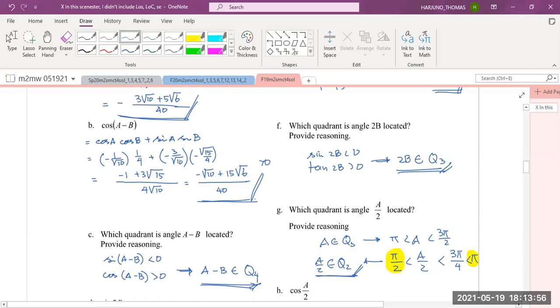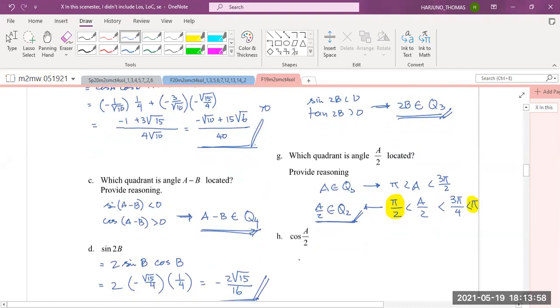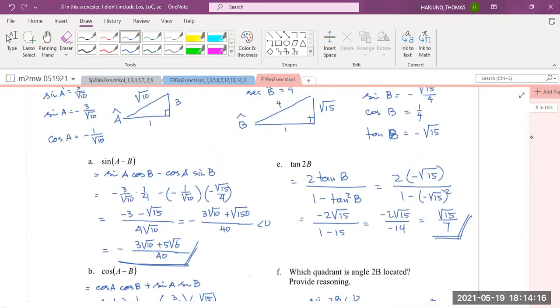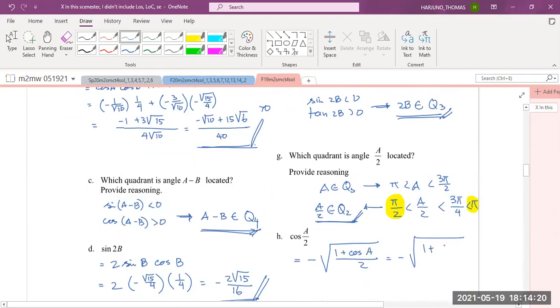Now, how about cosine of A over 2? Because A over 2 is in quadrant 2, cosine is negative square root of (1 plus cosine A) over 2. What is cosine A again? Negative 1 over radical 10.